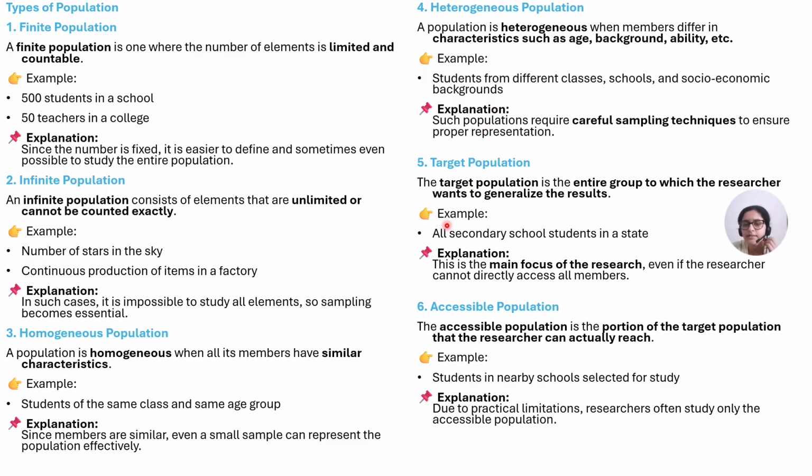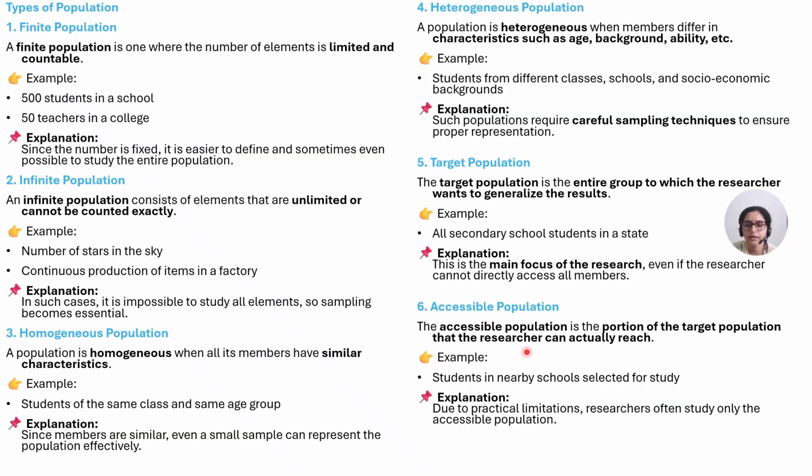Target population is the group to which the researcher wants to generalize the results. It's a particular group. This is the main focus of the research. It is a particular group on which the researcher wants to conduct the research studies.